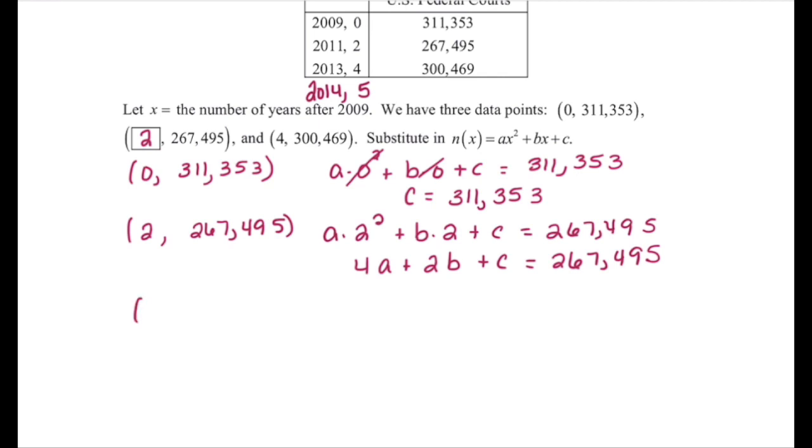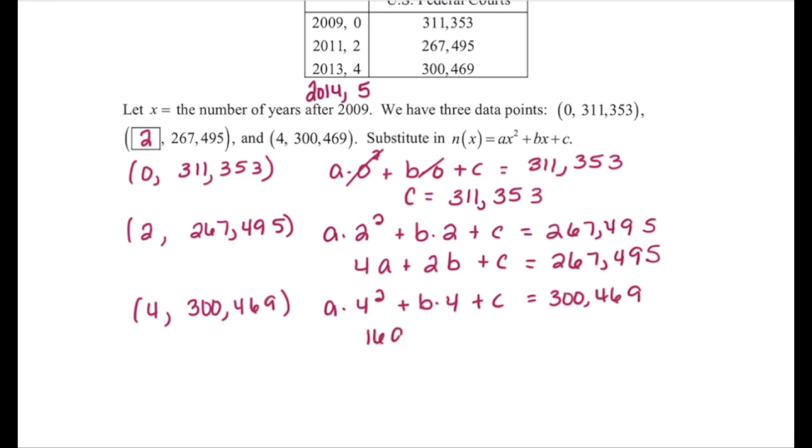We also have the value for 4, 300,469. So a times 4 squared plus b times 4 plus c has to be 300,469, or 16a plus 4b plus c is 300,469. Well, I know what c is.